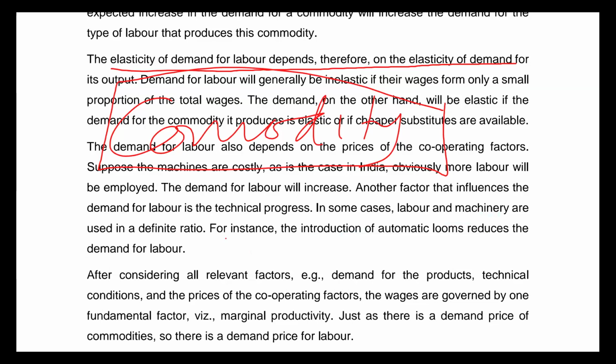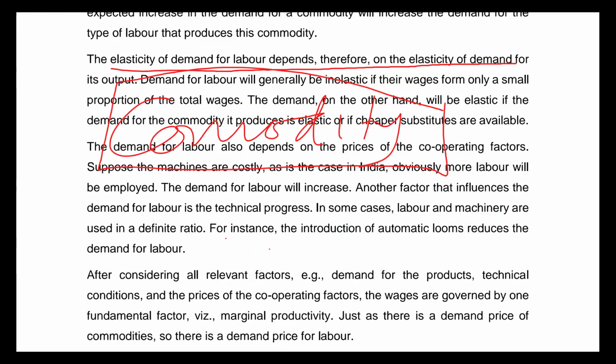It's not responsive. For example, let's look at the production of pharmaceuticals or some chemicals, medicines. You know that the elasticity of demand for medicines is usually inelastic. Now, because of the same, even the demand for labor that produces medicines is not highly responsive.